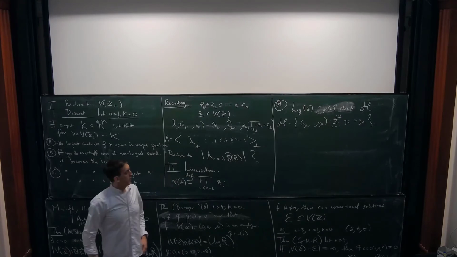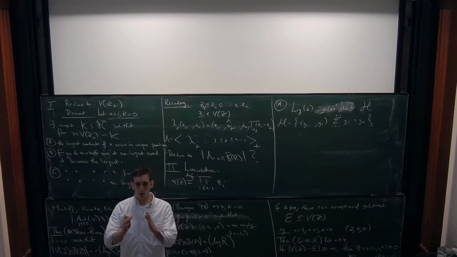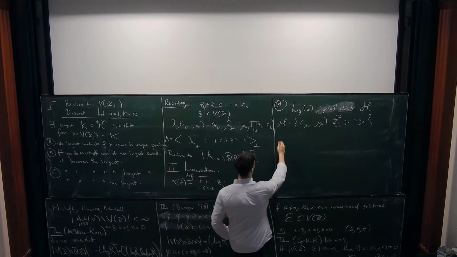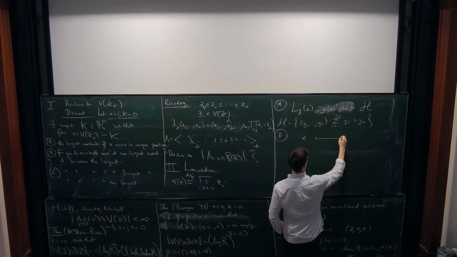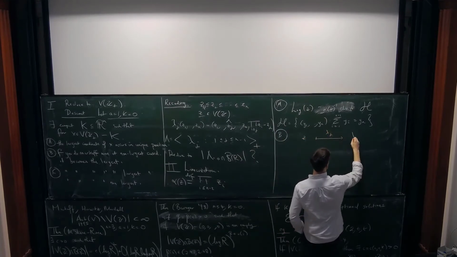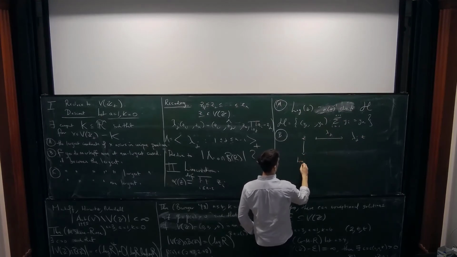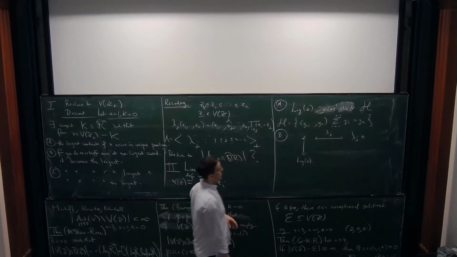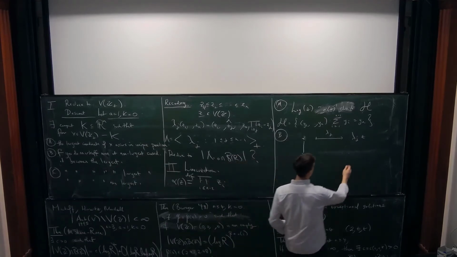The second statement is about what the lambda j's look like when you take logarithms. So the picture is that I have a z, and I apply lambda j, and I get lambda jz. But then I can also take log of z, and I can also take log of this.